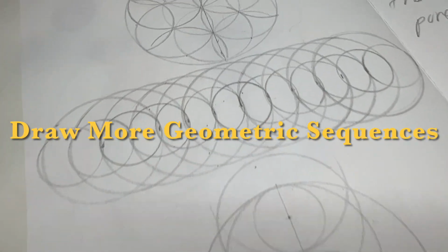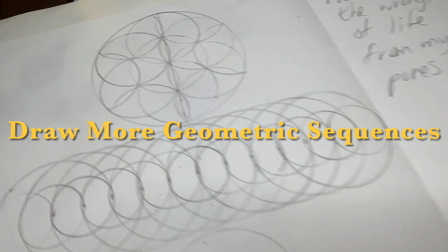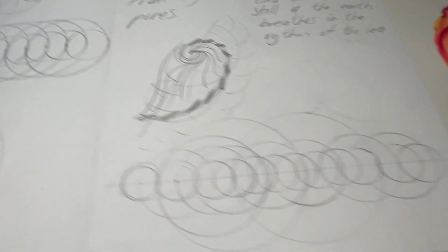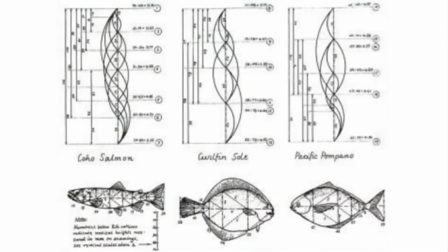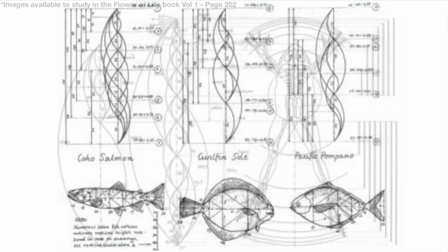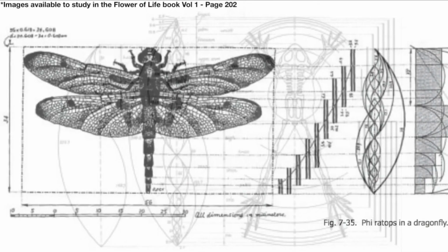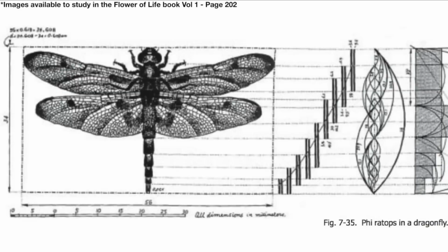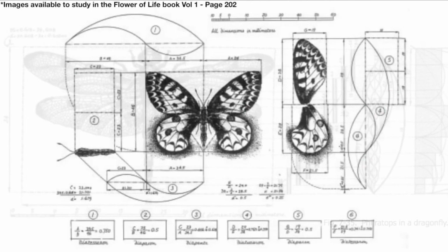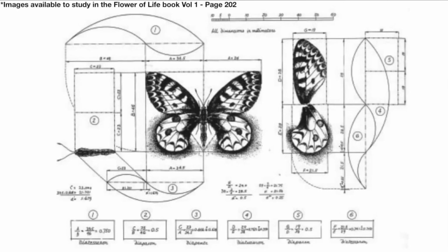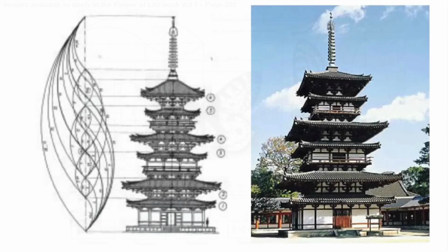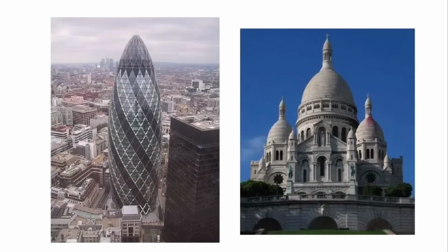That golden ratio appears in everything, in the fish in the ocean, in the frogs that jump on land, in the dragonflies that hover above the water, and in the spread of a butterfly wing. No matter where you look, even in architecture, that golden ratio continues to show up.